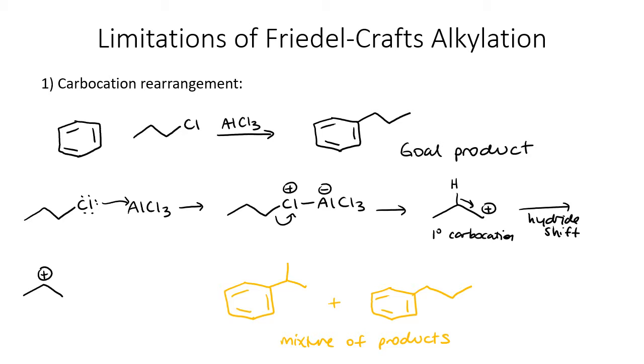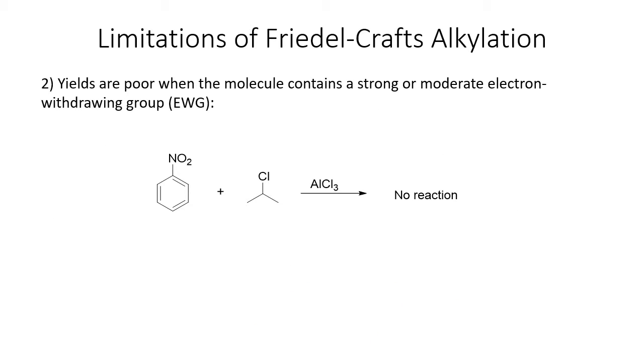So that's one thing to keep in mind with Friedel-Crafts alkylation. The second limitation is that yields are poor when the molecule contains a strong or moderate electron withdrawing group. We'll talk about this a little bit more in the next video, but a nitro group is considered a strong electron withdrawing group. What that means is it's pulling the electron density of the benzene ring more towards itself.